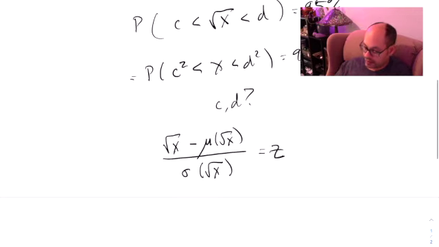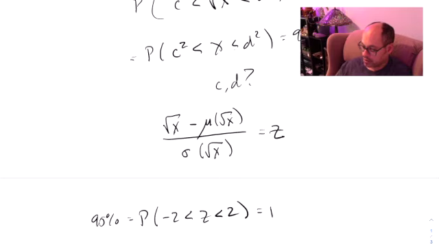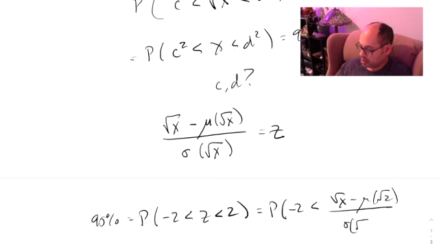And so we know that, for example, 95% of the time the variable z is going to be between -2 and 2. That's the probability that -2 is less than root x minus the mean of root x, over the standard deviation of root x, which is less than 2.